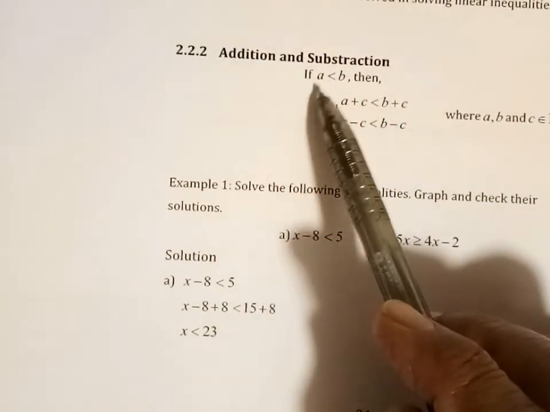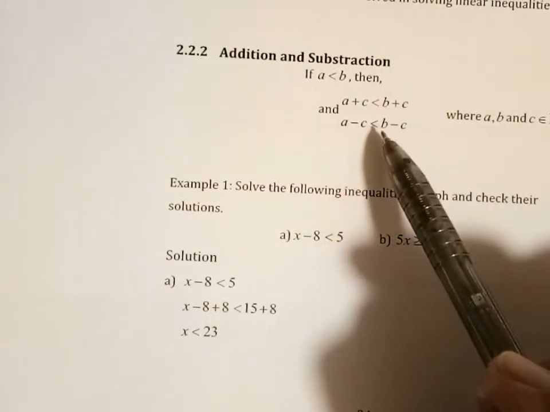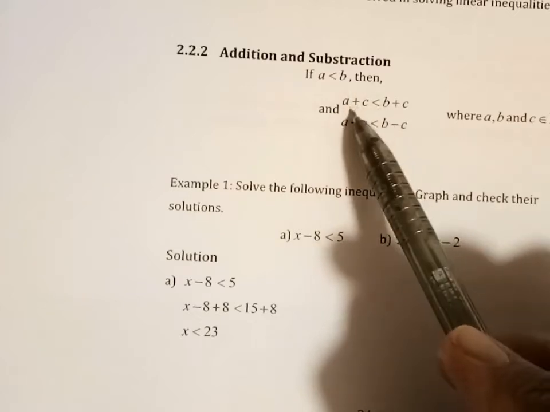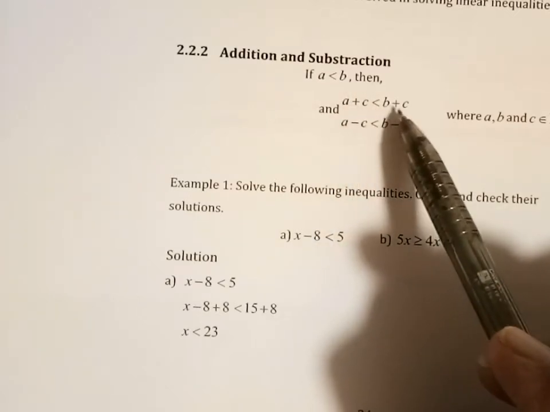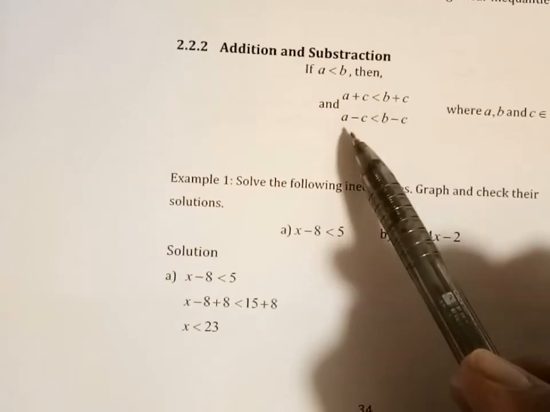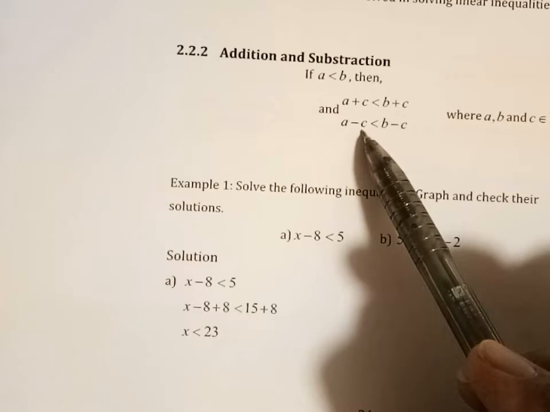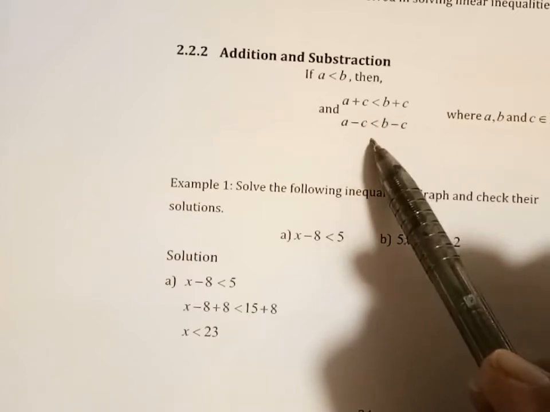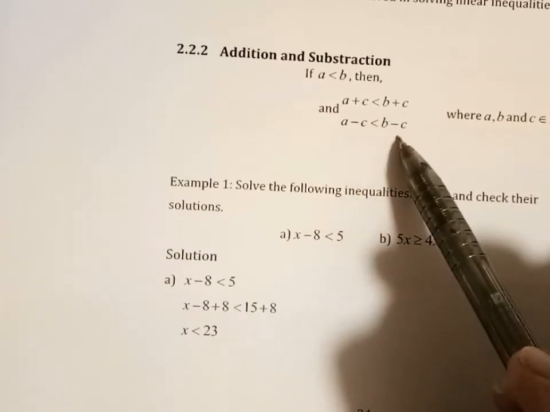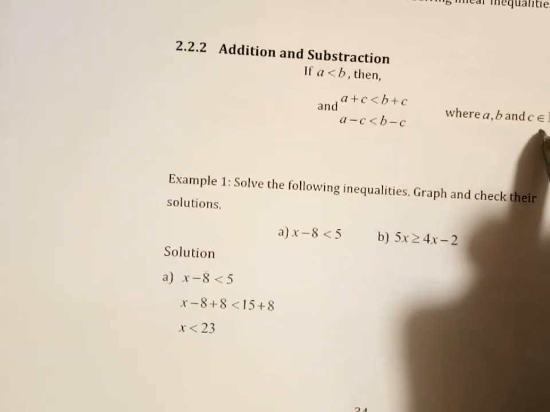Let's say if A is less than B, then for any value of C, we have A plus C less than B plus C. And also A minus C must always be less than B minus C, for any values of A, B and C, elements of real numbers.